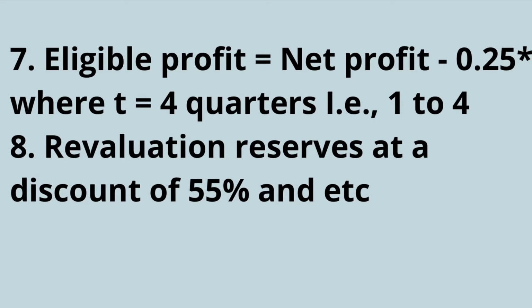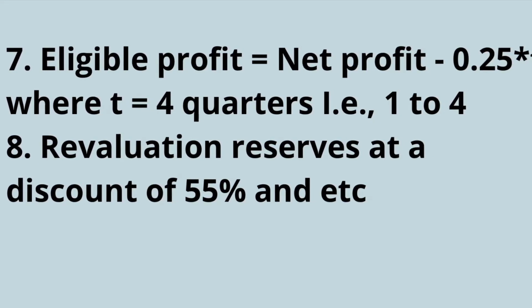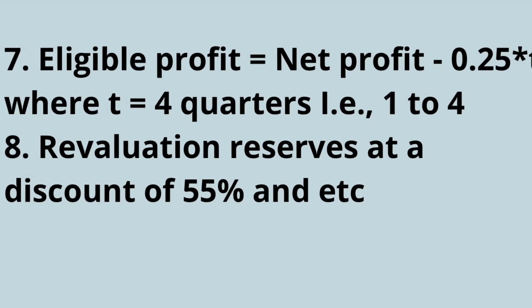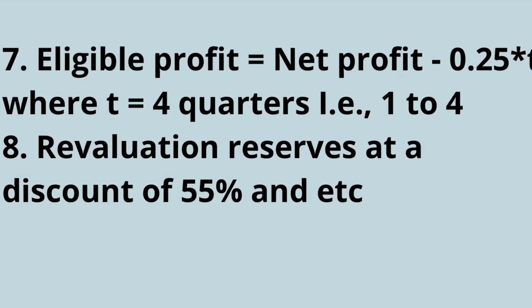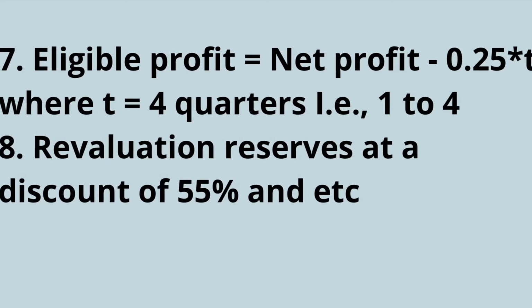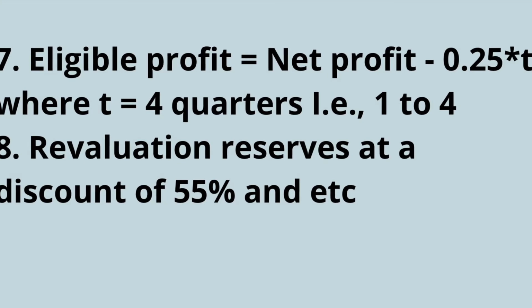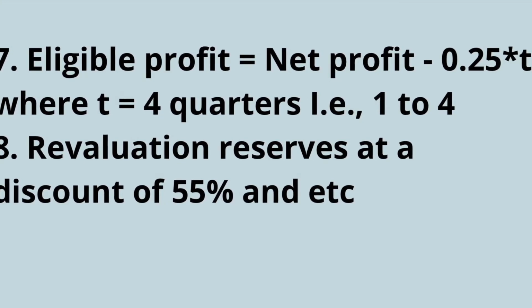So eligible profit EPT equals net profit minus 0.25 into annual dividend into T. T means quarter. It will represent 1 to 4 of the year.